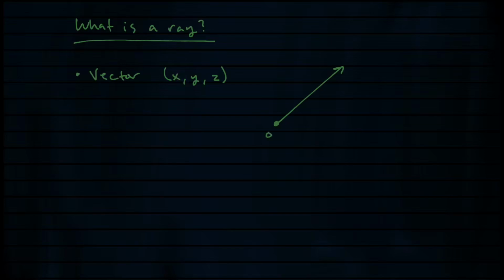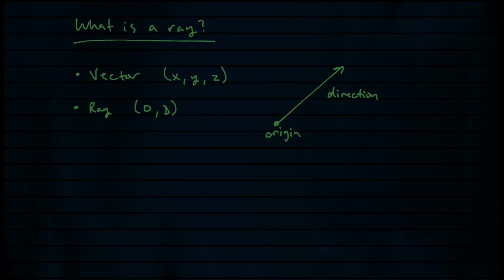Sometimes we'll call this the origin of the ray, and we'll call this second part the direction of the ray. So essentially a ray can be thought of as a pair of numbers. We'll just call it O and D, which are two vectors, or 3D position, if you include the origin.